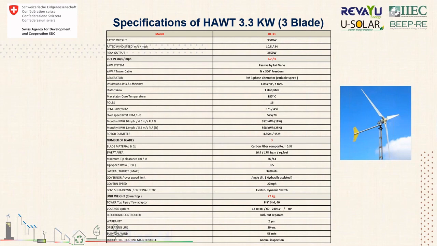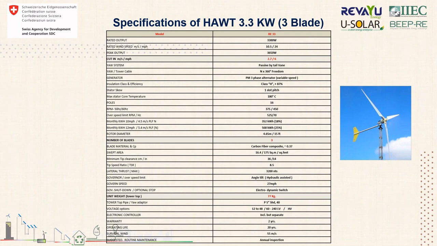So this is the specification of the 3.3 kilowatt horizontal axis wind turbine, a 3-blade model which we installed for them, and we are either doing 5.1 kilowatt or 3.3 kilowatt for IOCL at most of the locations, and combining single or multiple turbines for achieving the required kind of mix.